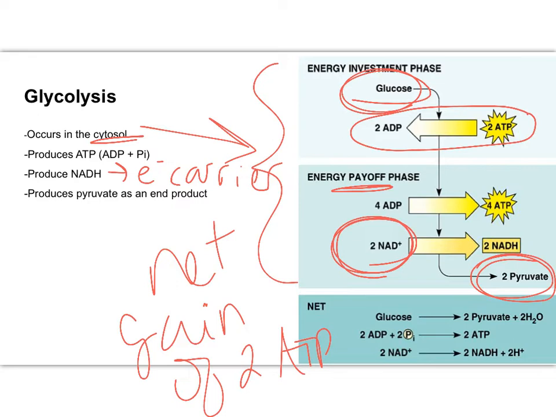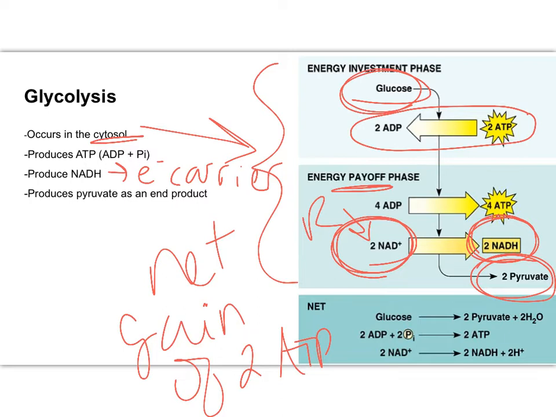So now I have this NADH here that is now carrying electrons for me. So this NAD plus got reduced, right? Reduced is gaining. Okay? And so there's a reduction reaction happening there. So it produces this NADH, this electron carrier, and I get 2 pyruvate molecules as an end product.